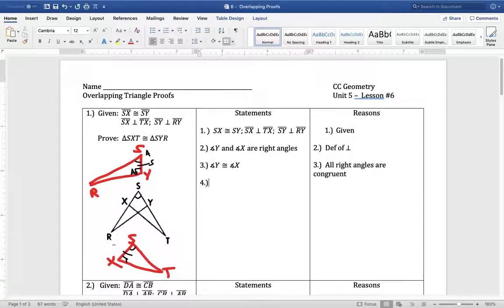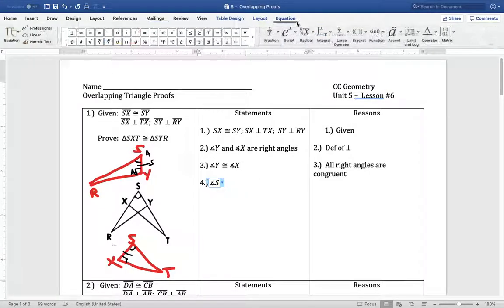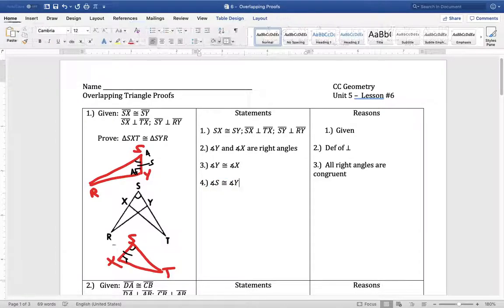All right, the fourth step here is going to be to name angle S congruent to angle S. So I'm going to say angle S is congruent to itself.